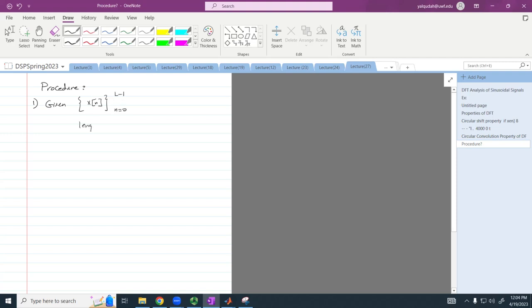This is of length L. And also I'm given h of n that is between n equals 0 to P minus 1, and therefore it has a length equal to P. P is equal to M plus 1, where M is the filter order.